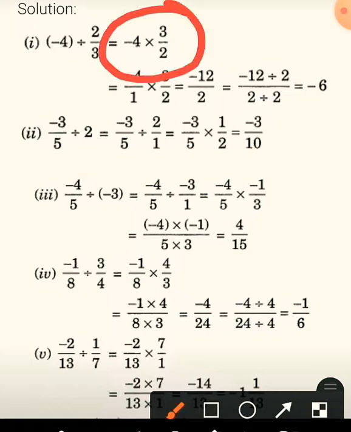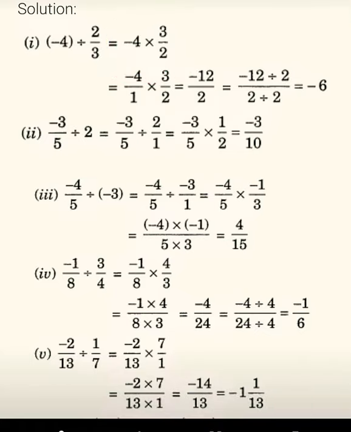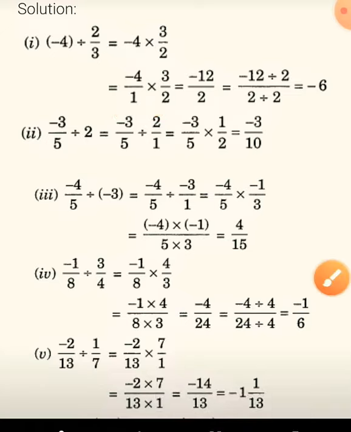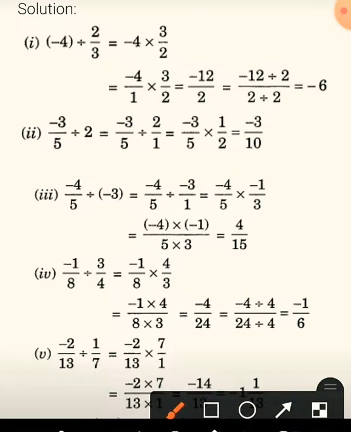This we will get. Now this multiplication is very easy. We have seen in previous question. Now just like simple multiply, we will multiply this both. So minus 4, we can write it as minus 4 upon 1. There is no denominator given, so we can take upon 1. Okay, so minus 4 upon 1 multiply by 3 upon 2.